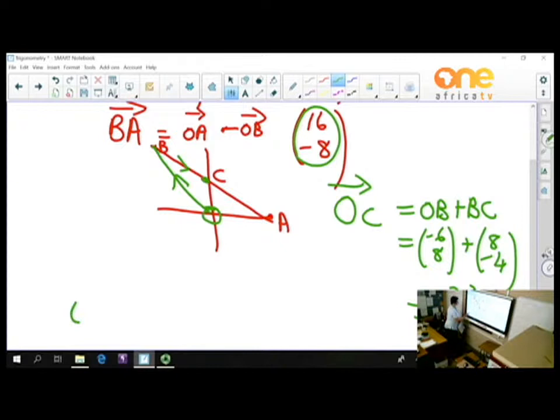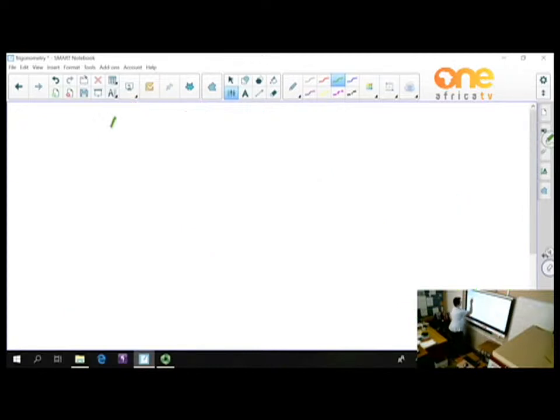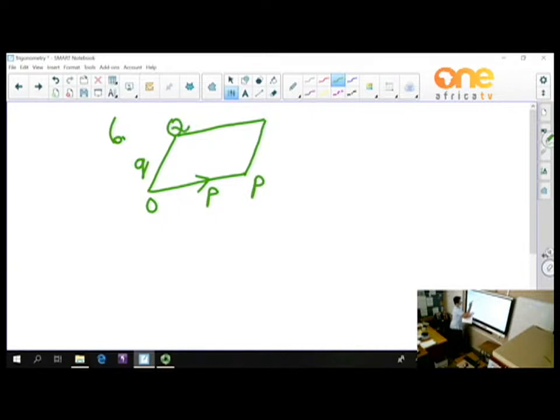Right, the next one is number 6. Now, there we've got a picture looking like this. This is the vector P, and this is OP. This is the vector Q, and this is OQ.